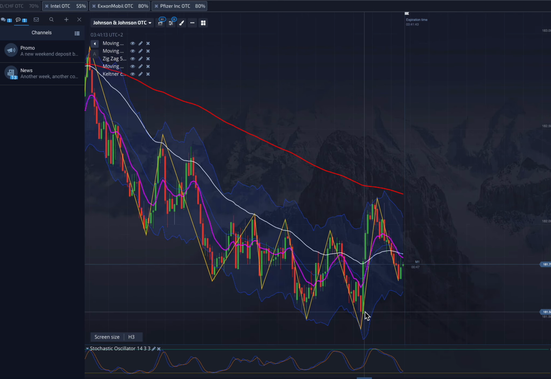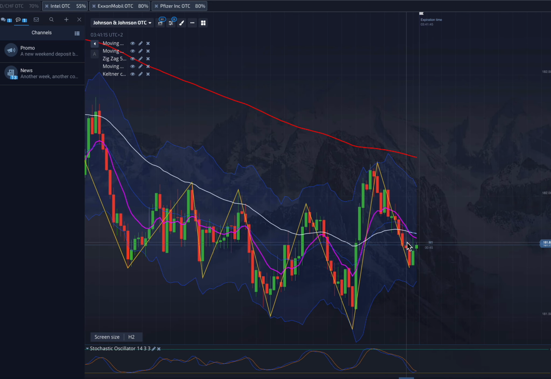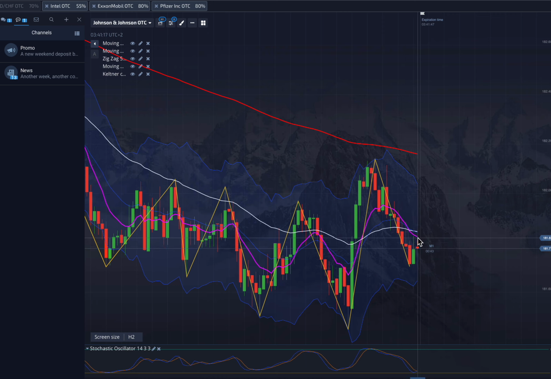We look for our entry points, which is this right here. So as I said, I wouldn't enter right now because it's on the reversal, and we look for that going down right here. So you see, we got 4, so we're 4 and 2.